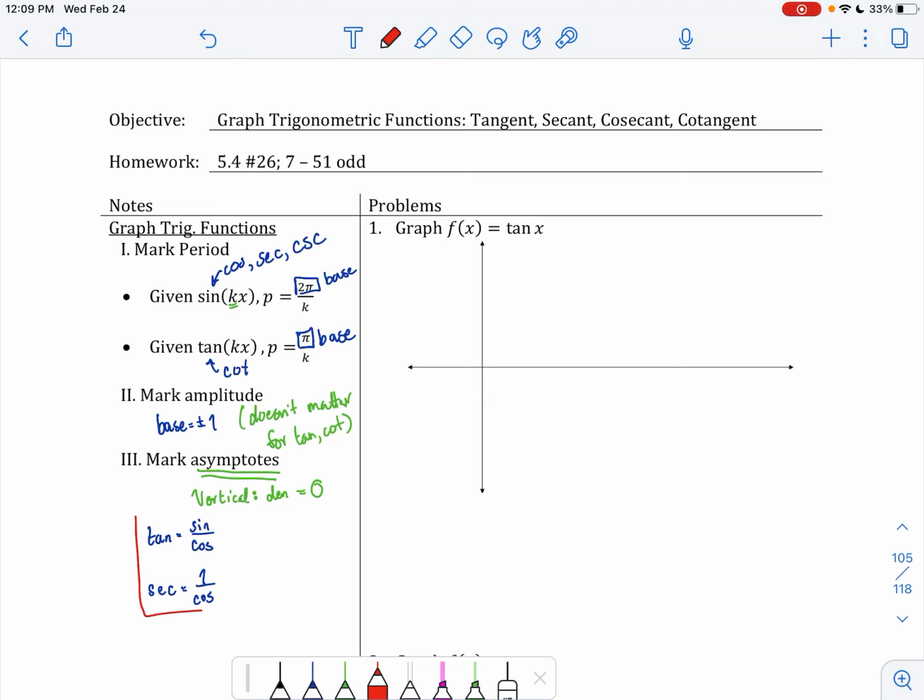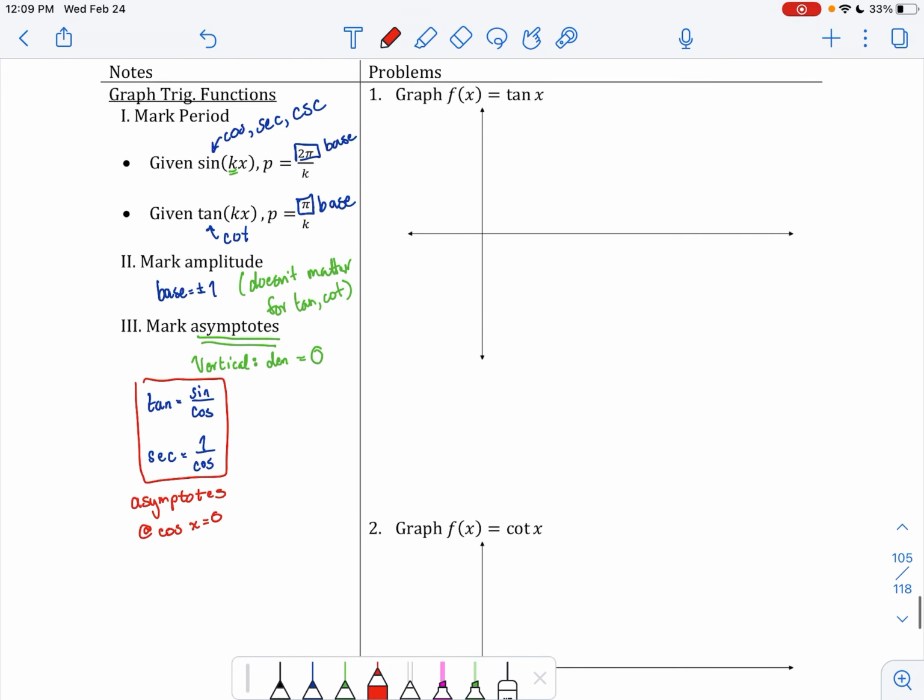So these functions have asymptotes wherever cosine of x is equal to 0, right? And if you think about what those places would be, it's anything pi over 2. So these are your base graphs, and you're going to have vertical asymptotes there.